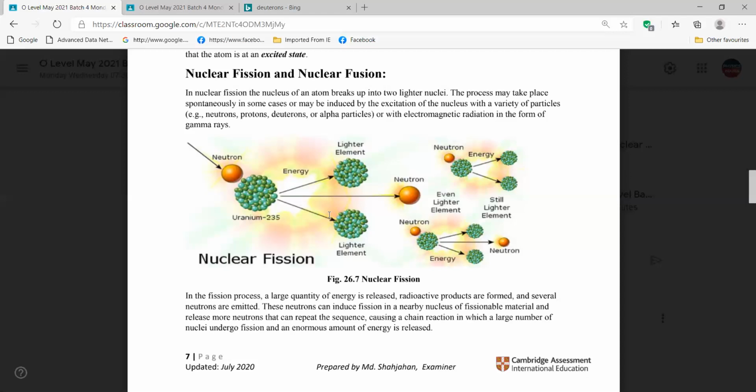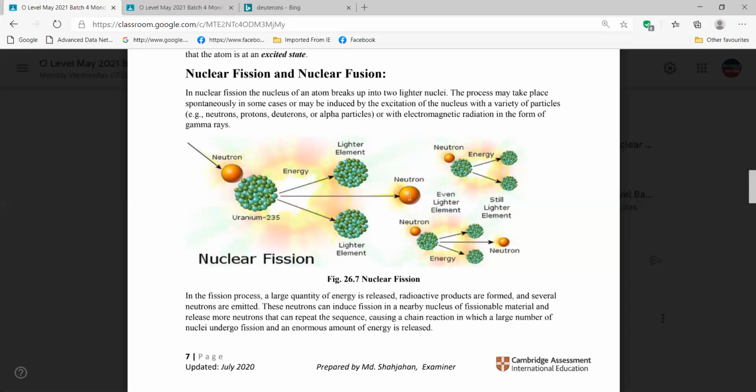Now, the other things we got here are saying that one neutron is absorbed by uranium 235. Then we are having this reaction started. We are getting two lighter elements, and beside these lighter elements we are also having some extra neutrons.